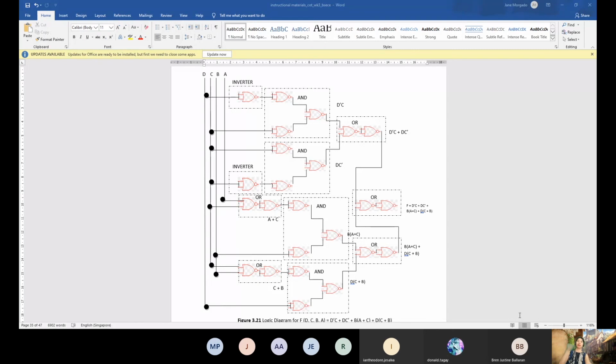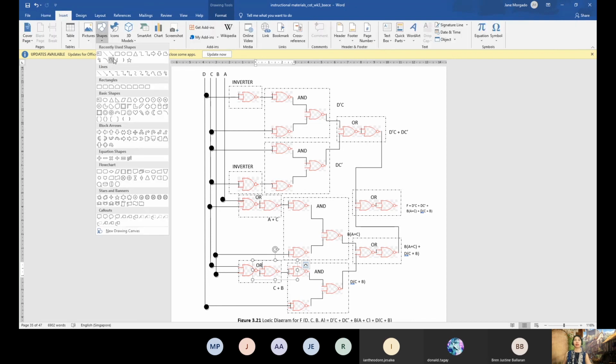Negative, negative, cancel. So if you notice, you have this one, an inverter and another inverter. Where else? This one also. And this one. What else? This one.